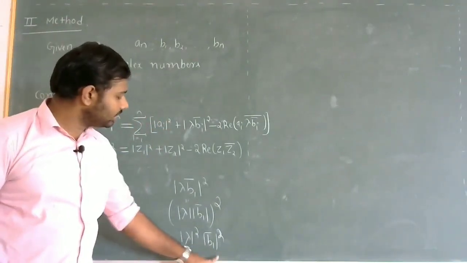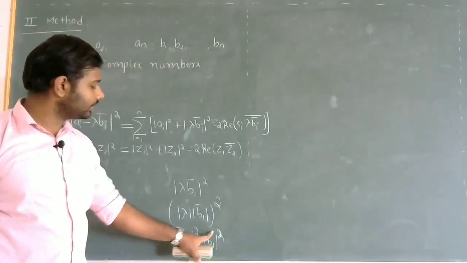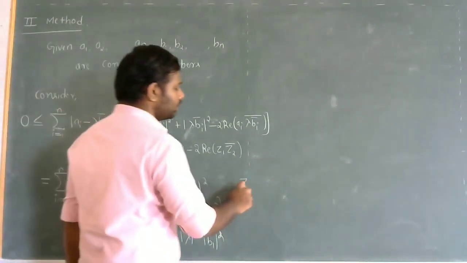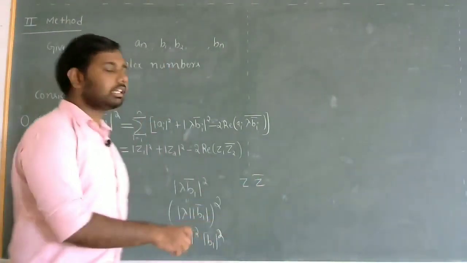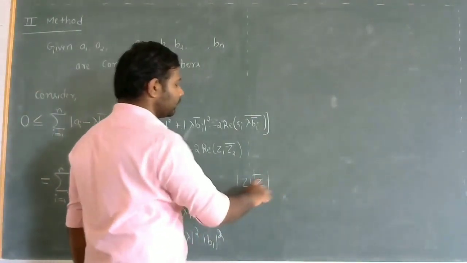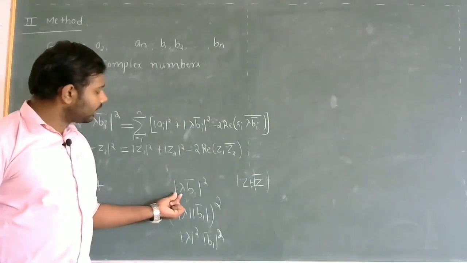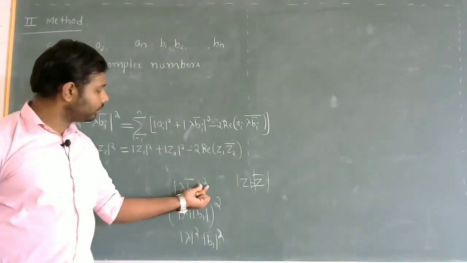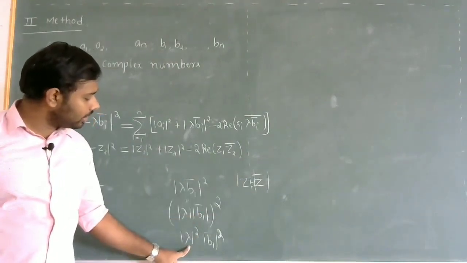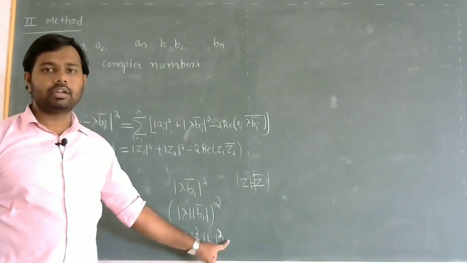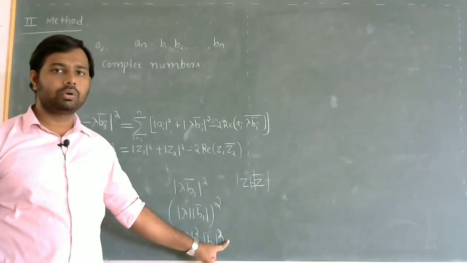Then modulus of bi bar is modulus of bi. So for a pair of a number and its conjugate, the modulus values are equal. So modulus of lambda bi bar whole square is modulus of lambda whole square into modulus of bi whole square.